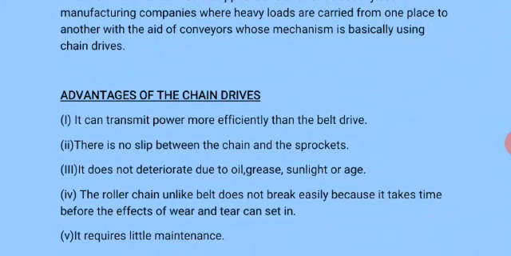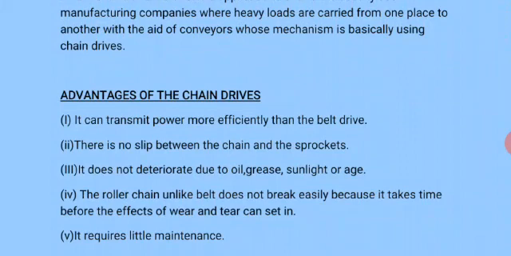Number 3 advantage, it does not deteriorate due to oil, grease, sunlight or age. It doesn't deteriorate easily, it doesn't worsen easily like a belt. So it is more durable than the belt drive.